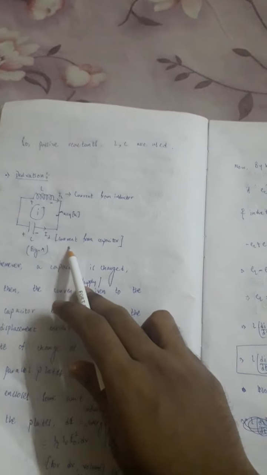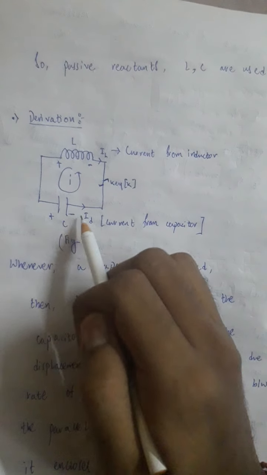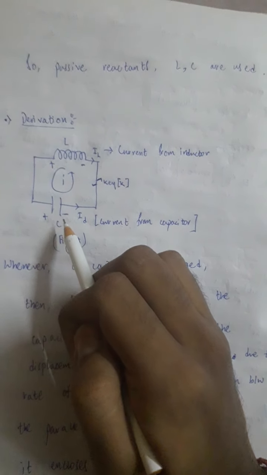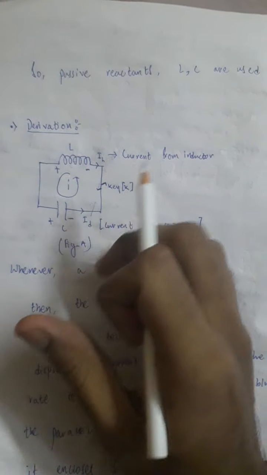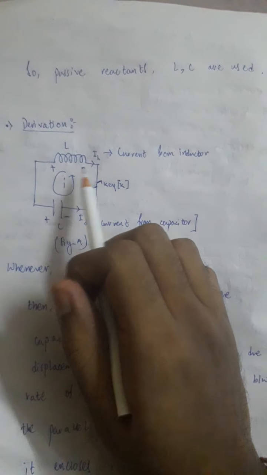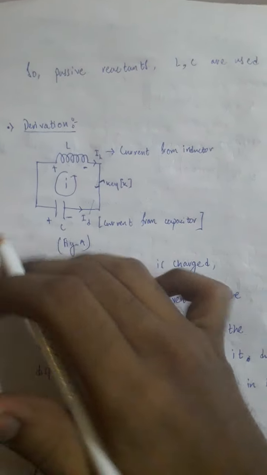Okay, so by KVL applied to figure A, Kirchhoff's voltage law, if EC and EL are the voltages due to the capacitor and inductor, you can observe that the EMF produced due to the capacitor opposes the EMF produced by the inductor, means they are in opposite directions, one opposite to the other.